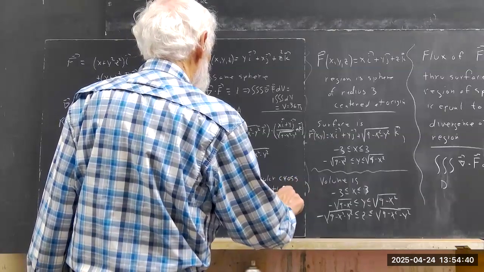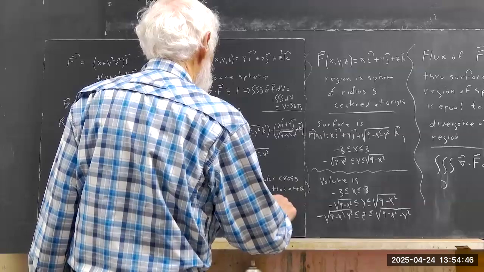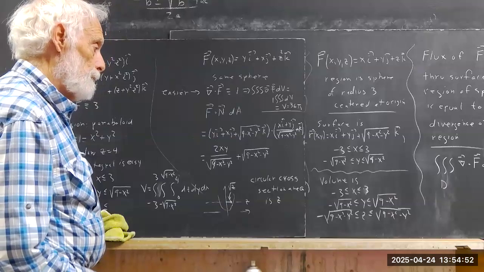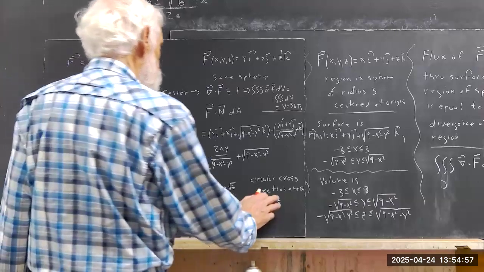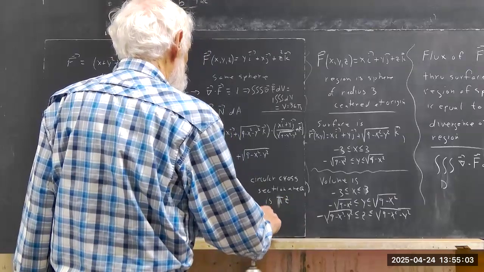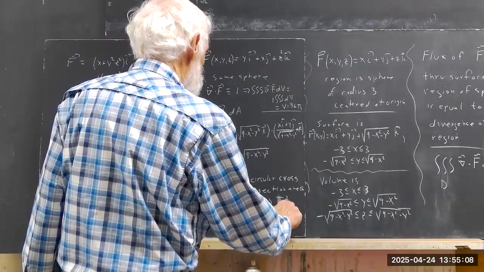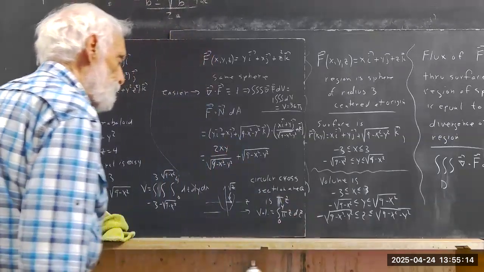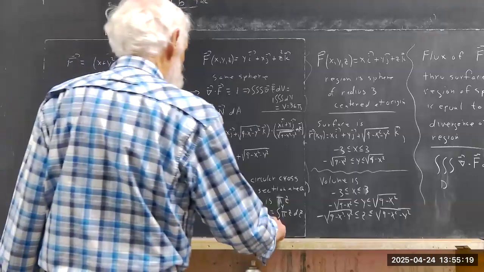Circular cross section. Area is pi z, so volume equals the integral 0 to 4 of pi z dz. But you get z squared over 2 from 0 to 4, which is 8 pi.